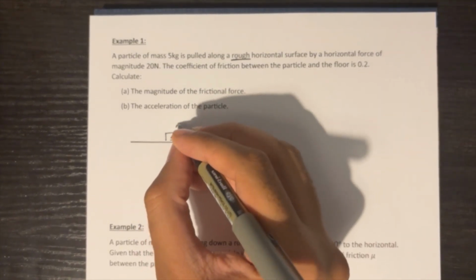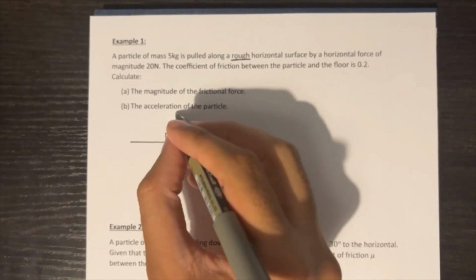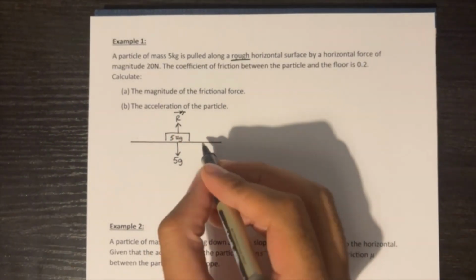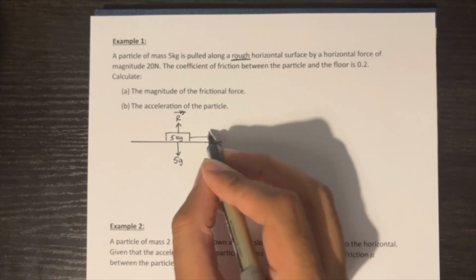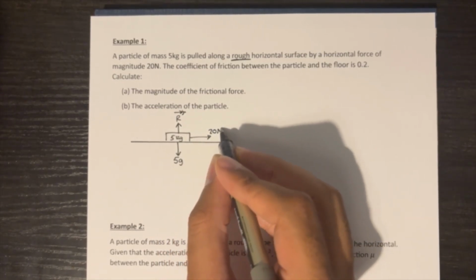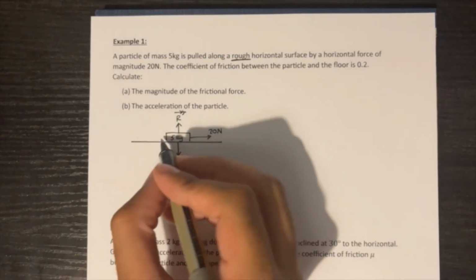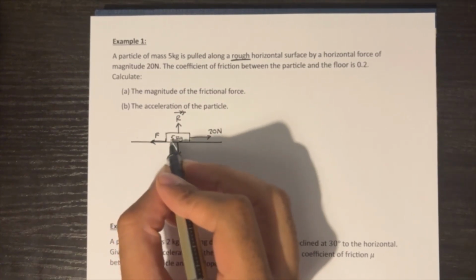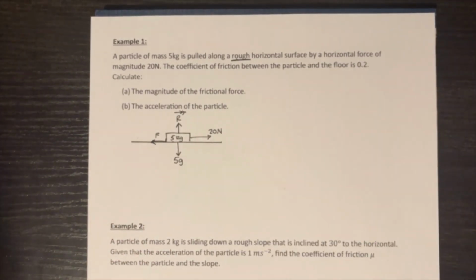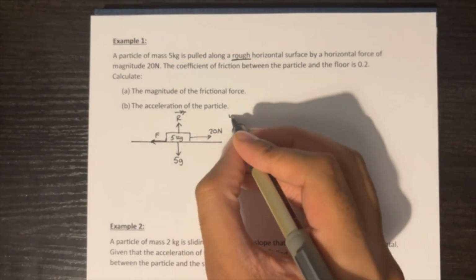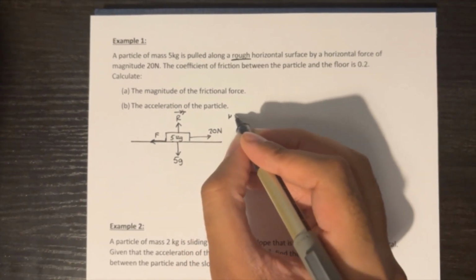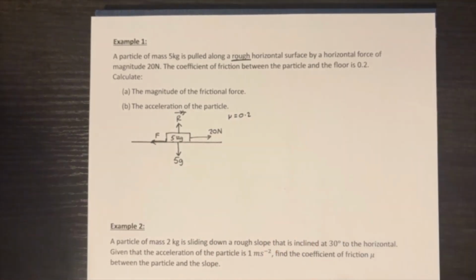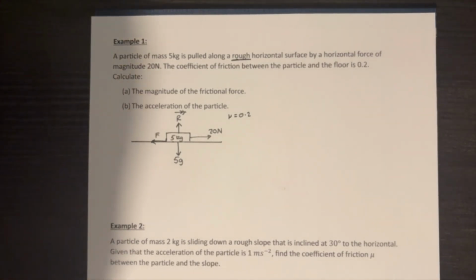There is going to be the reaction force R, and if I take this as being the direction of motion, a force of 20 newtons in the direction of motion, and it is being opposed by a frictional force between the object and the surface. So I'll put that there like this. And we were also told that the coefficient of friction was equal to 0.2. So that's the information that we've been given.